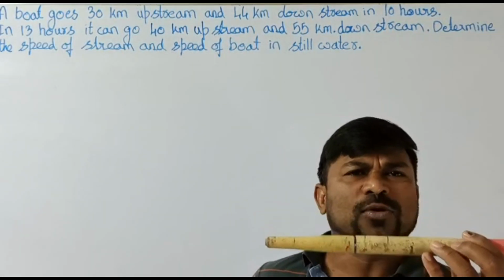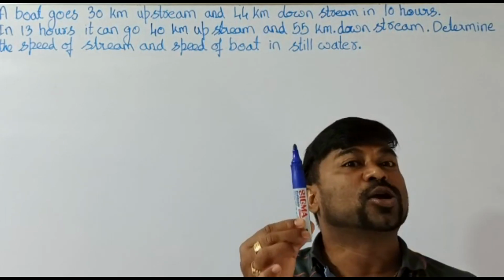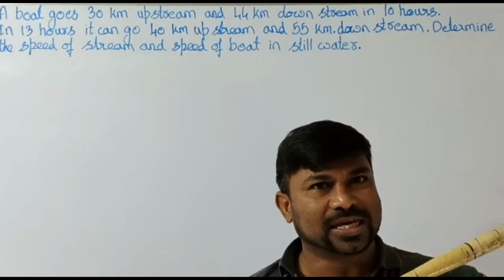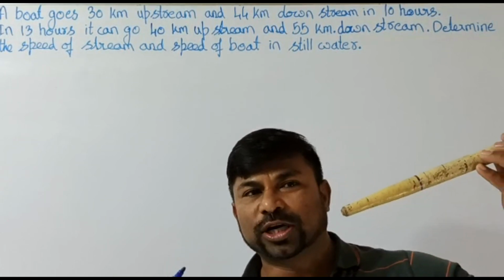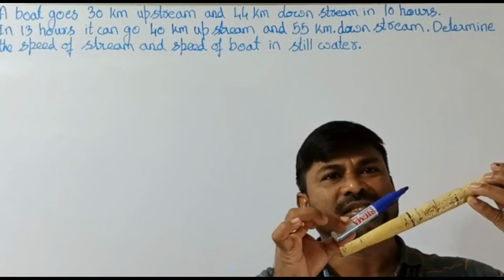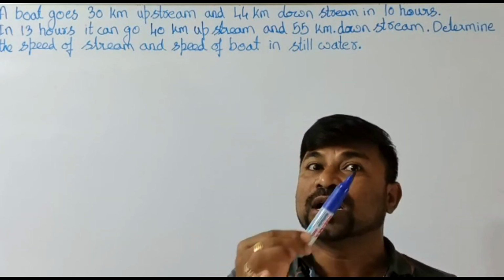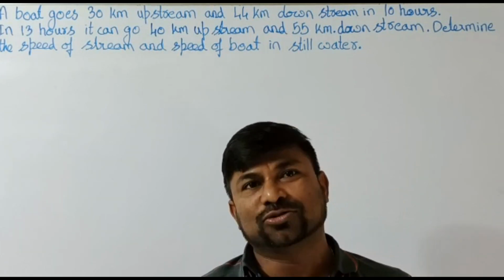Comparatively, the speed of the water will be less than the speed of the boat. Why? Because the boat has to travel. Now, if the boat is moving against the flow of the water, then this movement is called upstream. You have to remember this one.